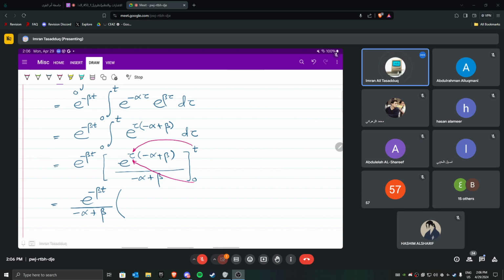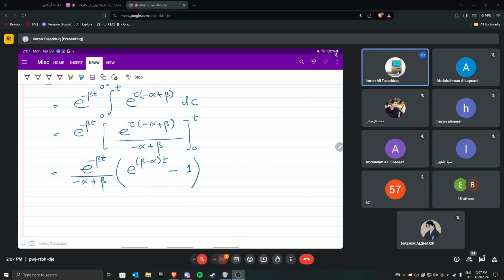So it's going to be e to the power beta minus alpha into t, the upper limit, minus, when you put the lower limit as 0, it becomes 1.